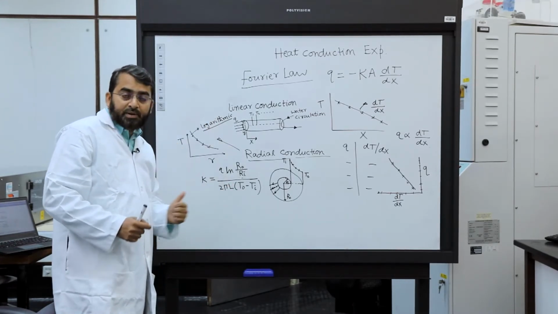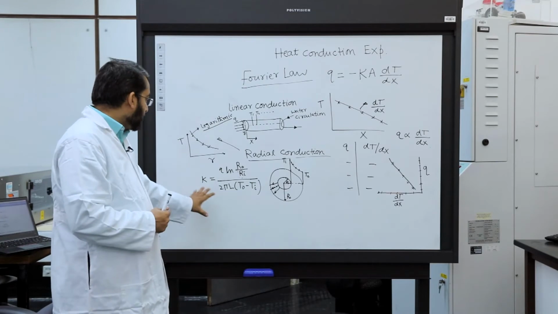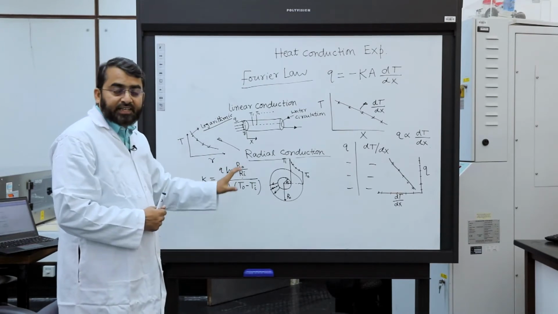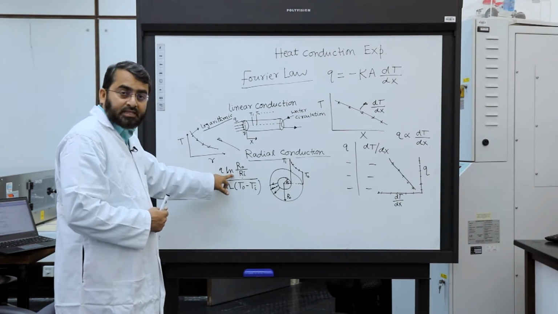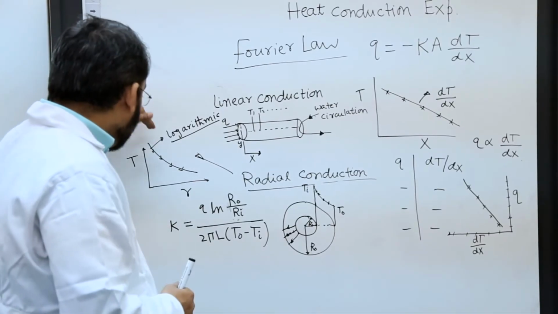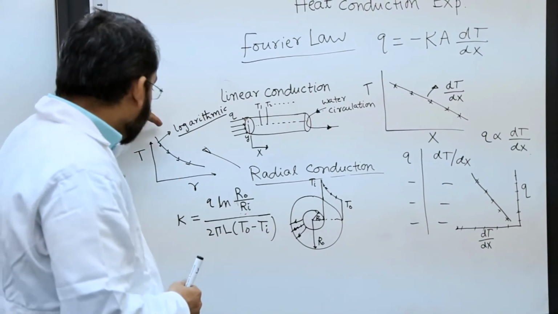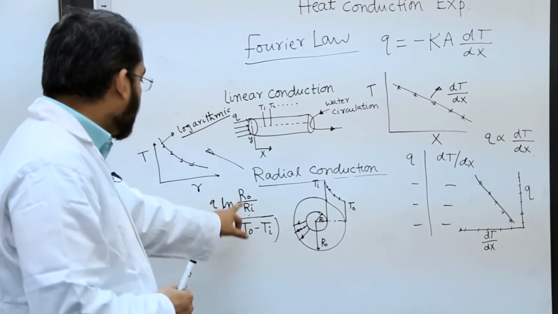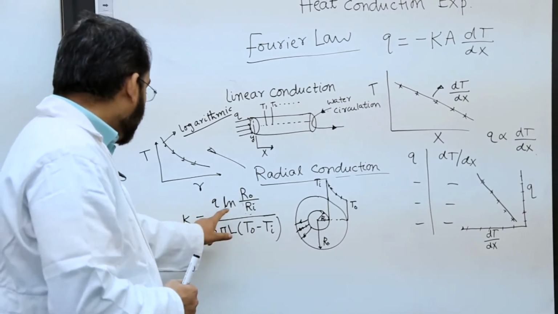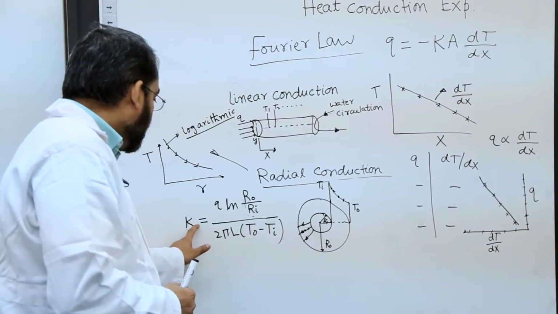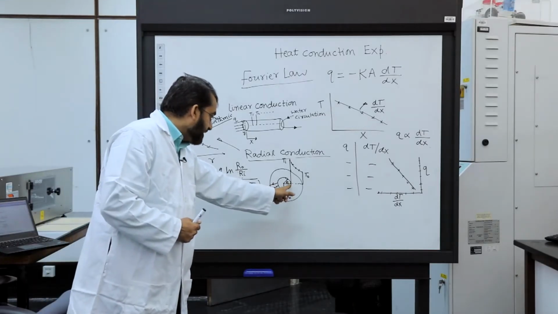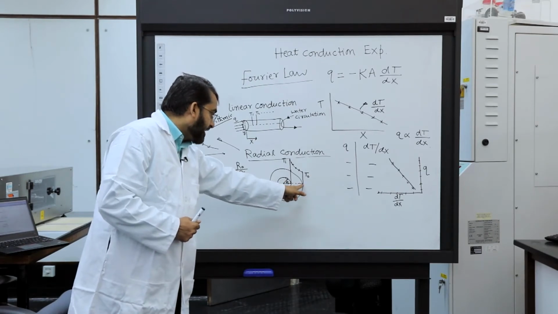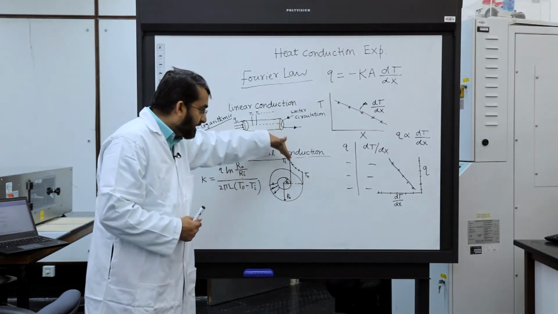If you refer to the lab manual, you will find this equation, with derivation and details. Here the log term, ln, comes in. So the profile will be non-linear, logarithmic, and using this profile and this equation you can get the thermal conductivity of the material. The temperature is maximum at this point and minimum at the outer, and the graph will be like this.